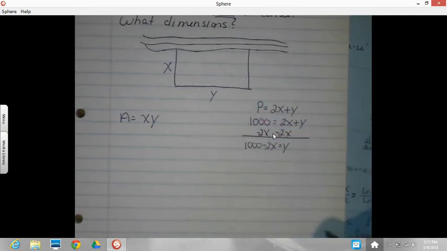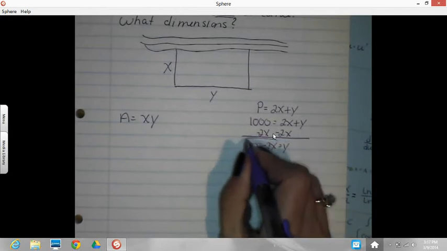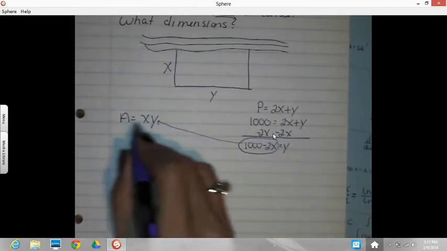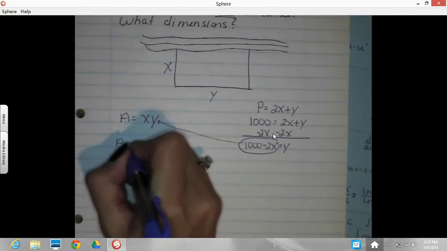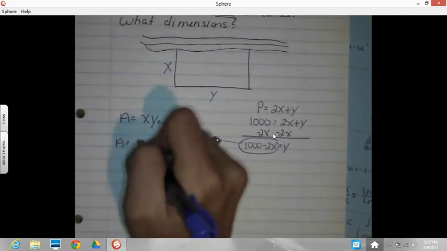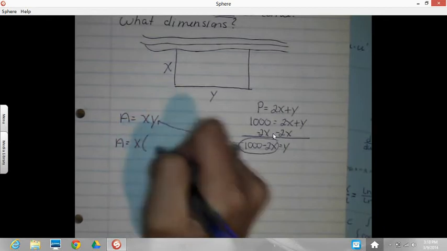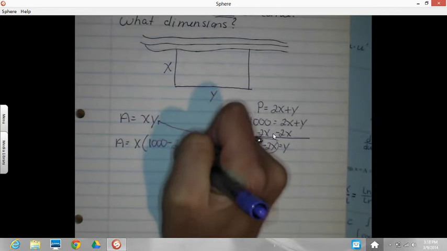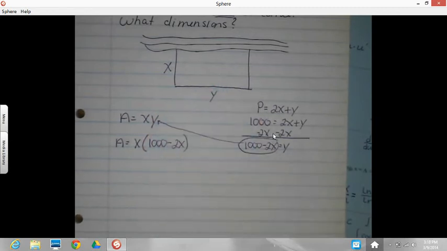Now I can take that, substitute it in for the y, and rewrite my area equation so that it only has one variable in it. So it's x times the quantity 1,000 minus 2x. Okay, so I've got the equation with one variable.